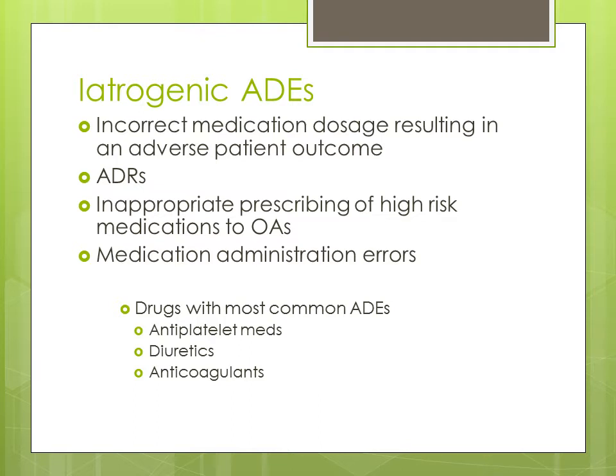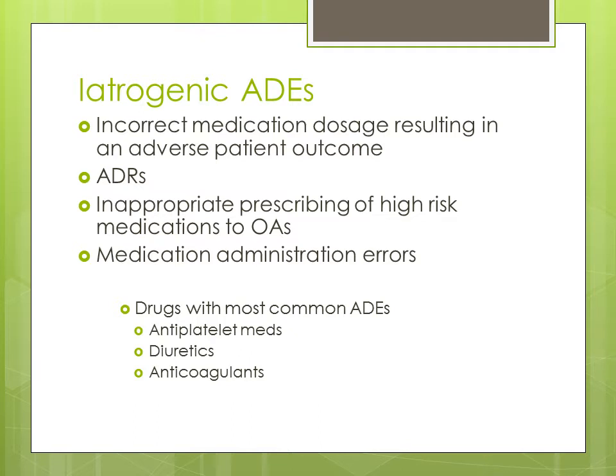Now, we've been able to identify some drugs that are associated more commonly with adverse drug events, and they include your antiplatelet medications, diuretics, and anticoagulants. And the dosing and the monitoring of the appropriate dosing are what cause the problems with these particular medications.